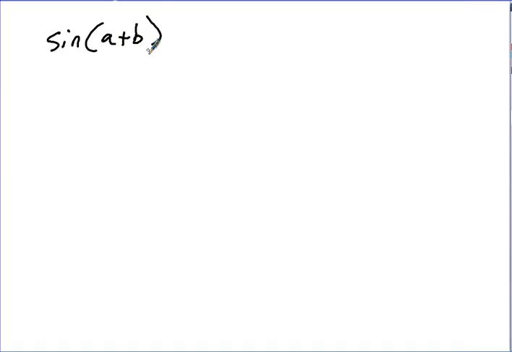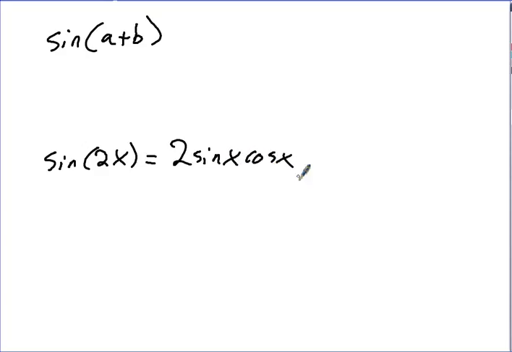I can never remember which one that is, but here's how you can always tell. What is the sine of 2x? That's one I do know, a real common trig identity. It's 2 sine x cosine x. Now, I know that the answer has to look like this.